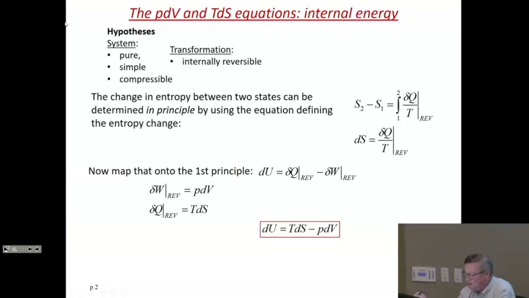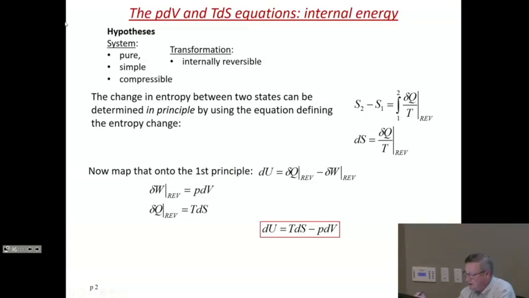Okay. So now that we had this, we can take our first law again, where we had dU, the exact differential of the internal energy, is this differential of the heat in a reversible system minus the work in a reversible system. Well, the work in the reversible system, we have seen this a long time ago, is PdV, so we can substitute PdV there.